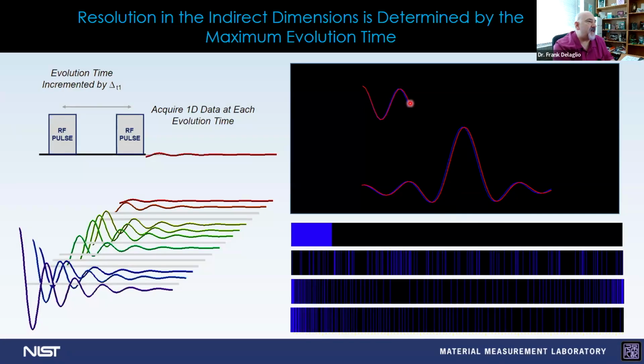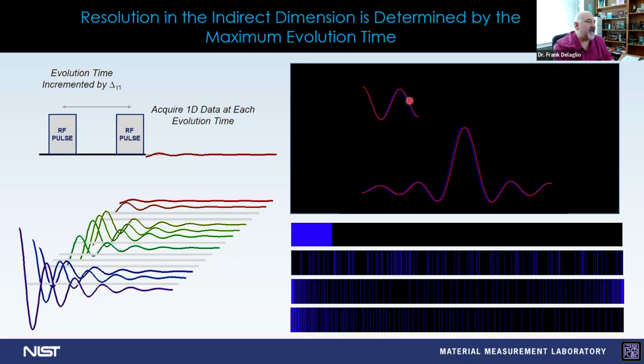When we measure time points over a short interval, it's very difficult to tell the difference between two frequencies that are close together. But as we sample more and more points, it becomes easier and easier to distinguish the difference between these two frequencies, and in the corresponding spectrum, the lines get narrower.